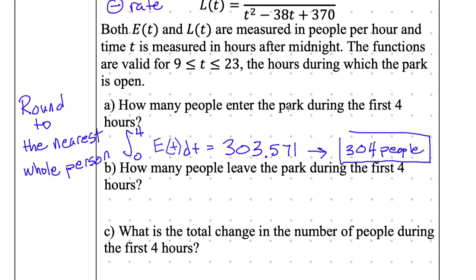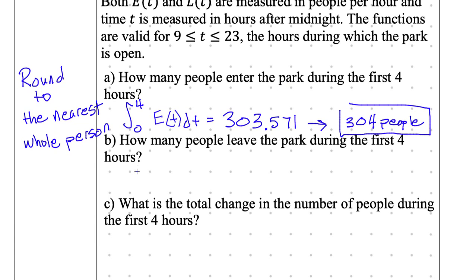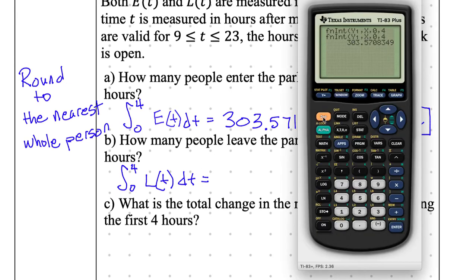304. And how many people leave the park during the first 4 hours? So what am I going to be doing now? DT, perfect. I'll let everyone keep calculating these. I'm going to do second enter, and all I have to change here is my Y1 to VARS right, enter 2.